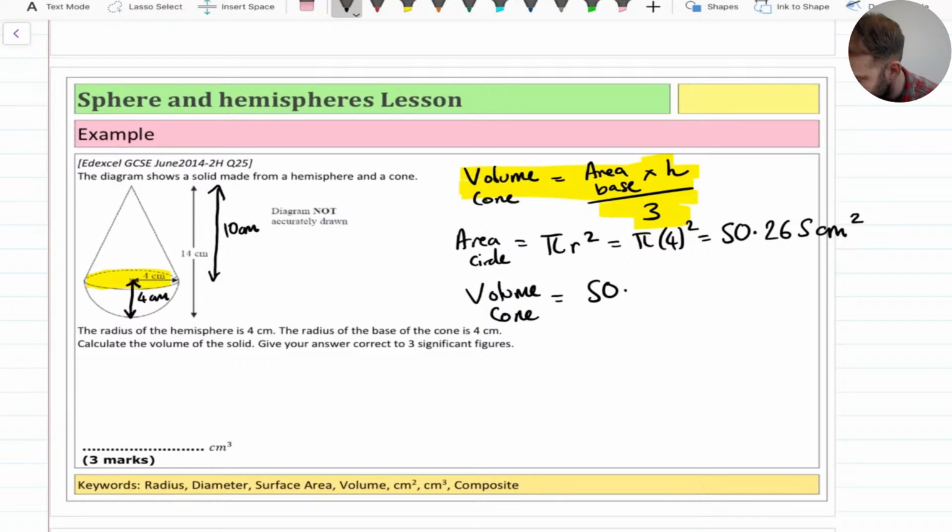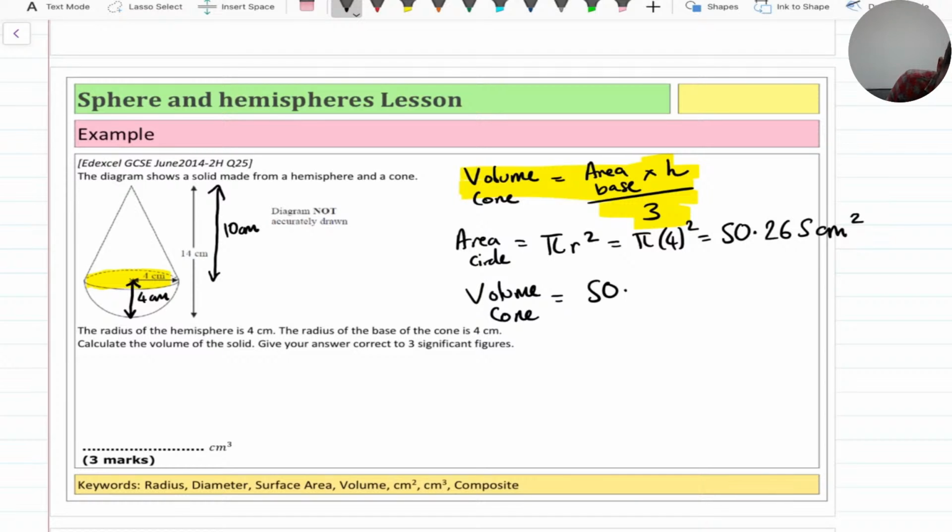So let's do that first. 4 cubed times by 4 divided by 3 times by pi. So the volume of a full sphere is equal to 268.1 centimeters cubed.